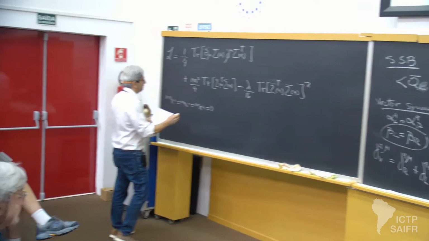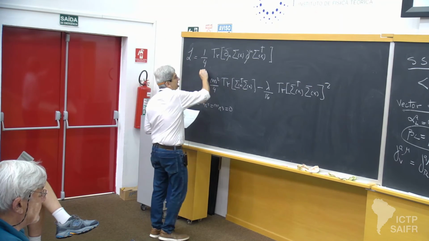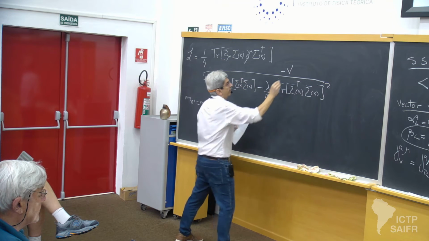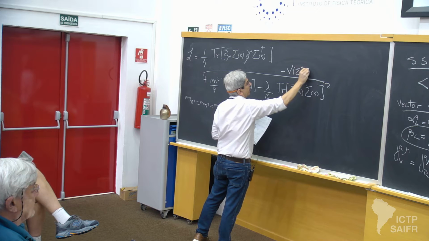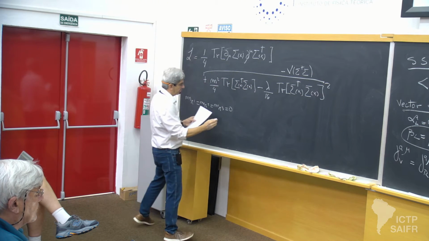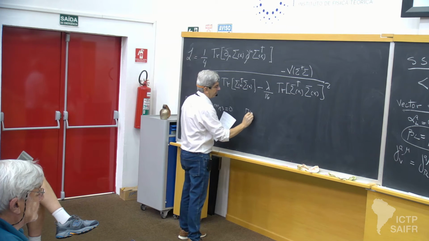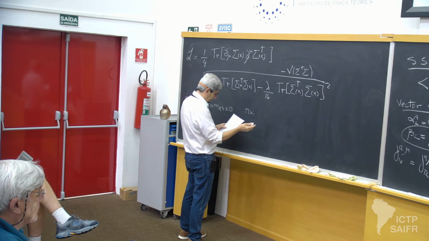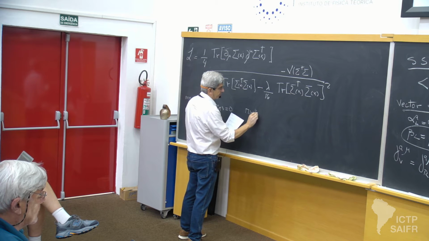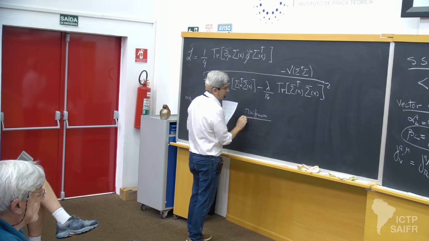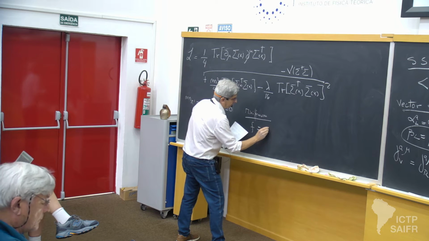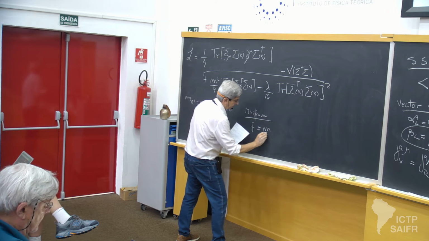Okay, so you write this is minus the potential, as a function of sigma dagger sigma, and then you minimize the potential, and when you minimize the potential, the minimum should be what it should be, but it should tell you who is F in terms of M and lambda, okay?